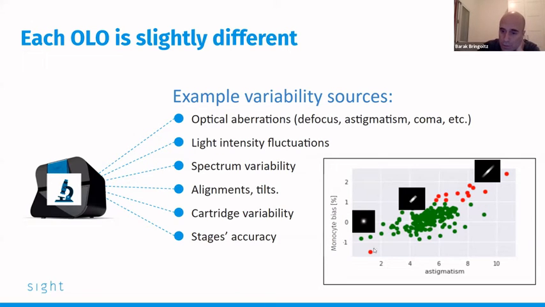Each point here is a device, and you see some correlation between how good the device is, in the sense that it has low or medium astigmatism, and how bad the inaccuracy of monocytes is. Especially we want to avoid this region here. Obviously you want to manufacture devices that have low astigmatism, but some of them will have the largest astigmatism, and you don't want them to be completely off in terms of performance.